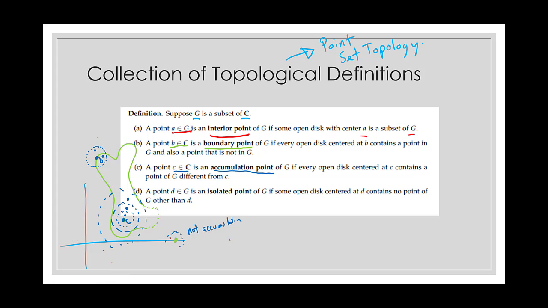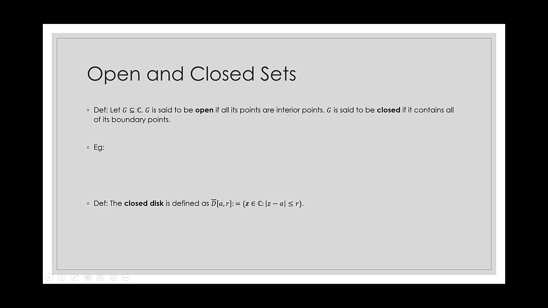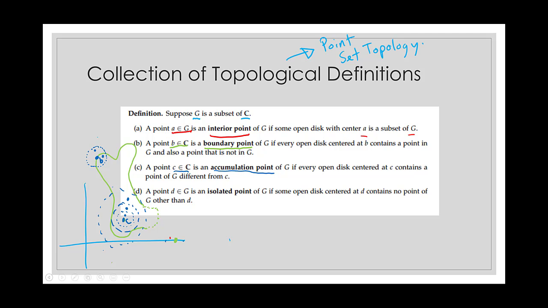This point here would be an isolated point, because if I draw this open disk around D here, let's pretend like that's a good circle, notice it contains only D, but it doesn't contain any other point of G. So we would call this an isolated point.